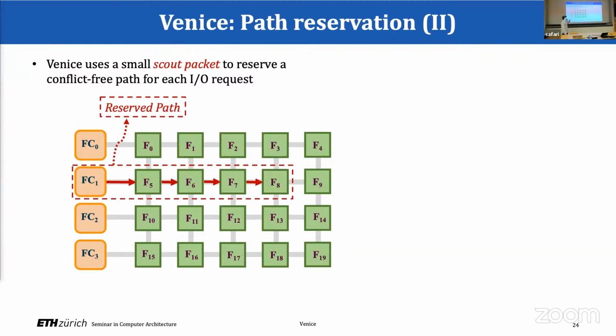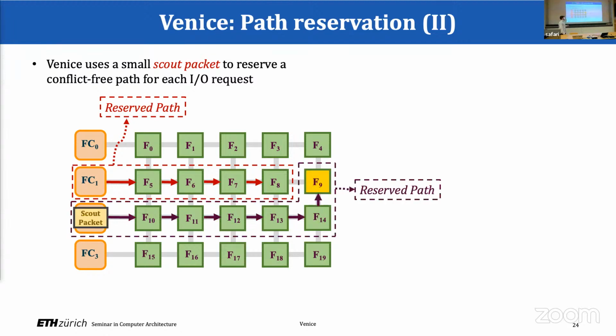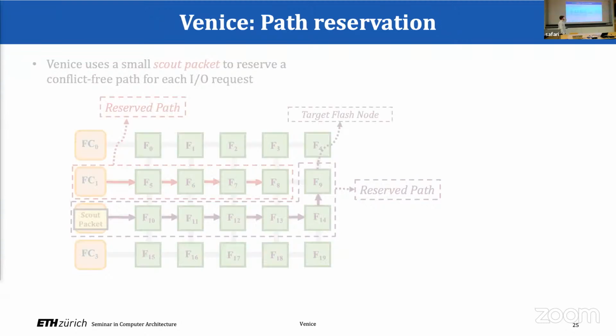So when looking at another target flash node, in a normal SSD there would now be a path conflict, since all those flash chips in a normal SSD would be on the same channel. But since we have an interconnection network, we can simply take another path and reserve another path for its I/O request.